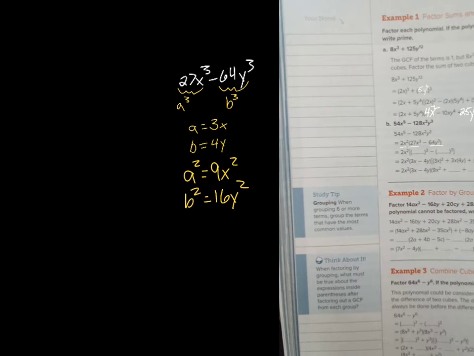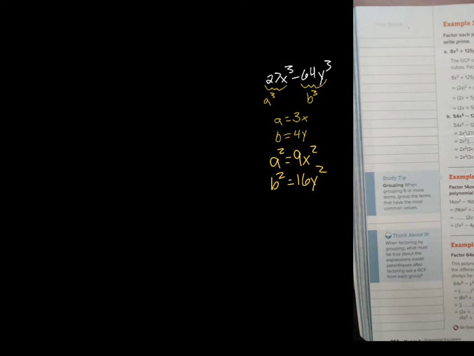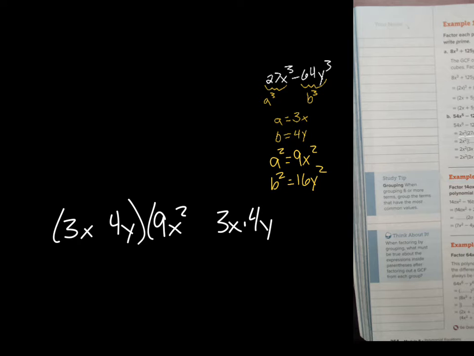So then I don't worry about my signs yet. I just know there's an a and a b, so a 3x and a 4y. The formula says I do a squared next, so 9x squared. Then I got to multiply a and b together, so 3x times 4y, and then a b squared at the end.